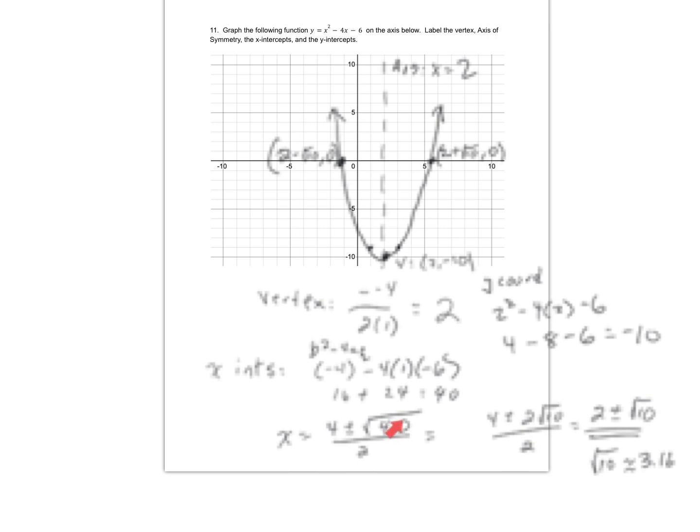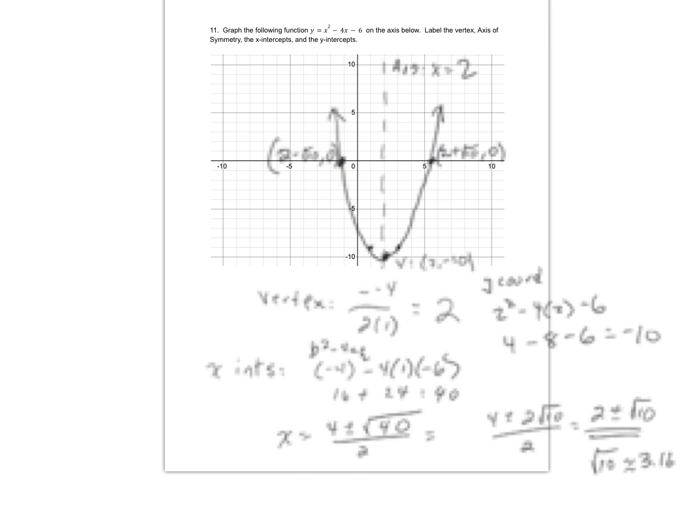This is the square root of 4 times the square root of 10, which is 2 root 10. Now I can cancel the 2 out with each of these, so this becomes 2 plus or minus root 10. But root 10 is about 3.16 on the calculator, so 2 plus 3.16 is just a little more than 5, and 2 minus root 10 is just a little less than negative 1.